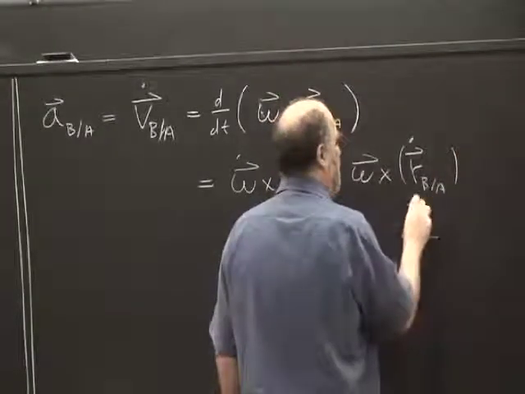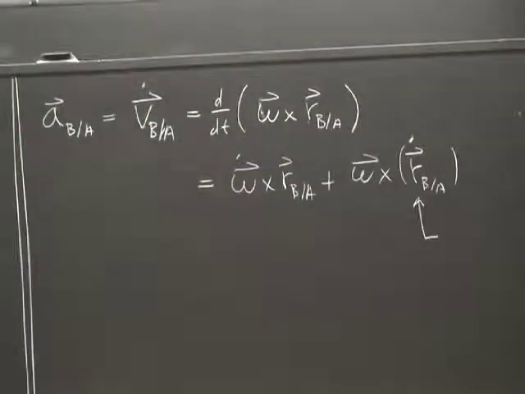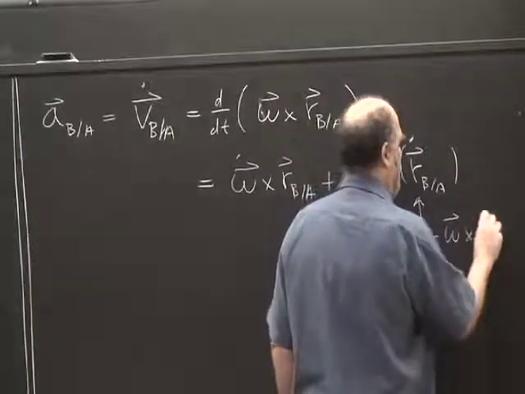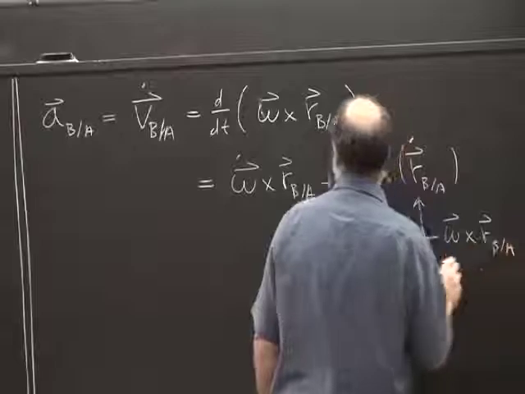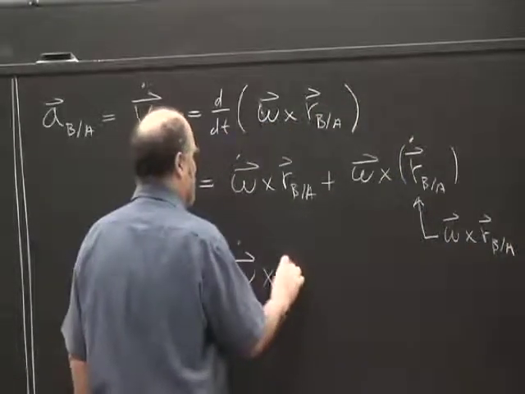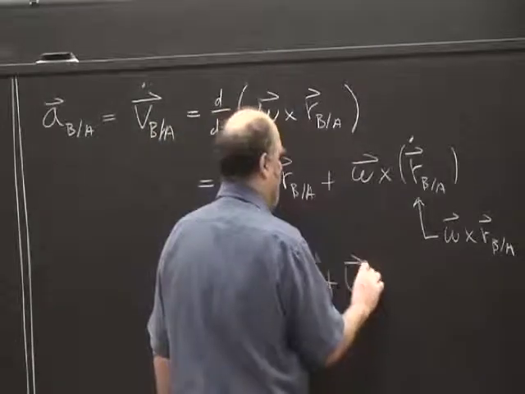But this is the problem that we just solved. What is the rate of change of position of B with respect to A if B and A are two points which are fixed on the object? It's just omega cross r of B with respect to A. And then we get to this very intimidating looking formula, which has a cross product of a cross product.